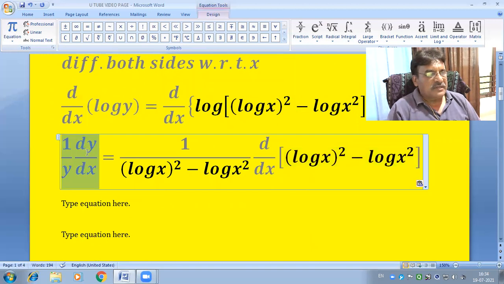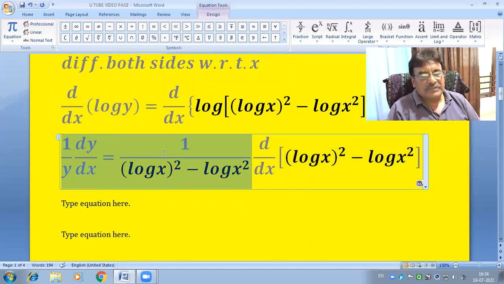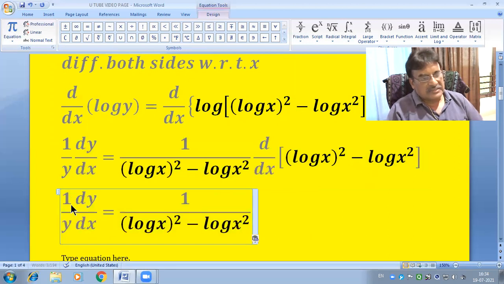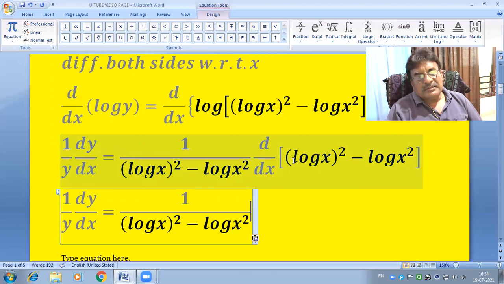Therefore, here 1 by y into dy by dx is equal to 1 upon (log x)² minus log x². Up to this step as it is. Then we use here the subtraction rule, d/dx of u minus v is du by dx minus dv by dx.